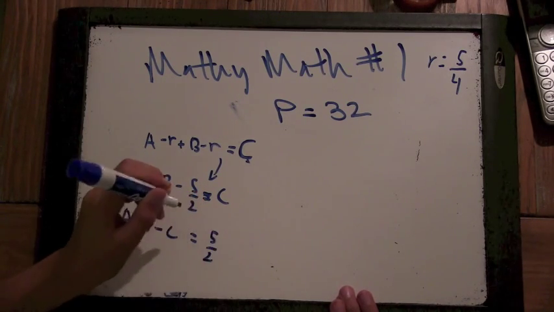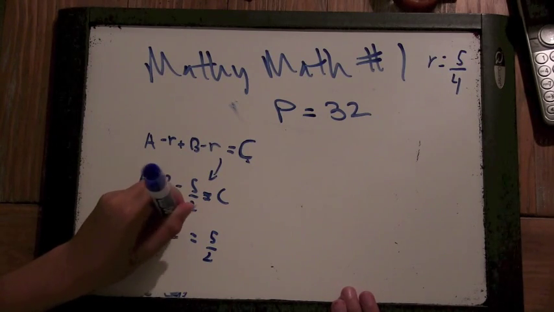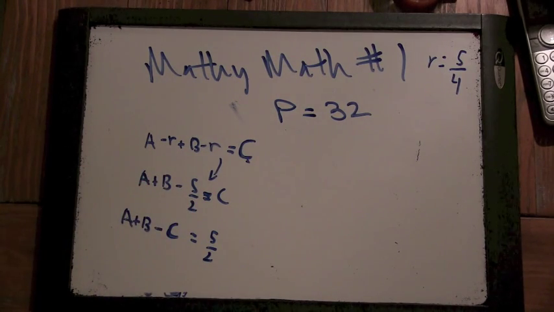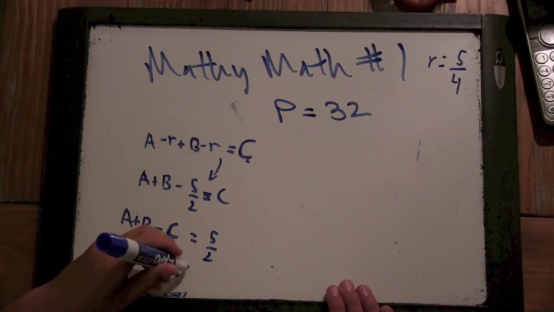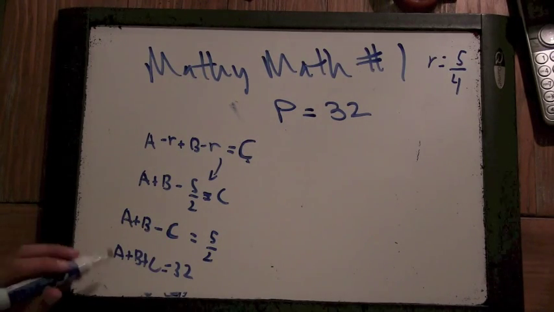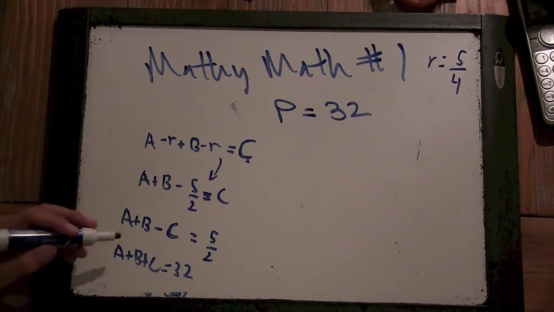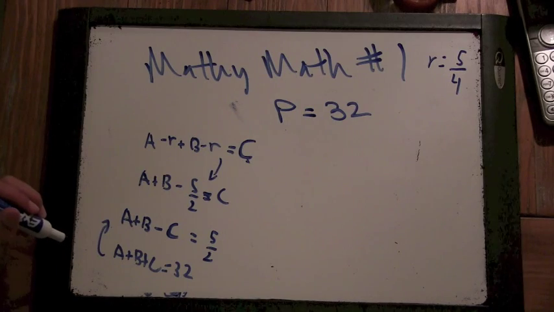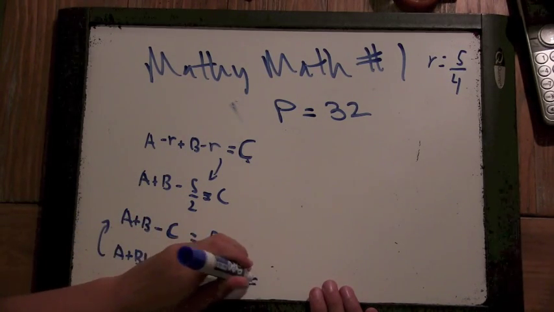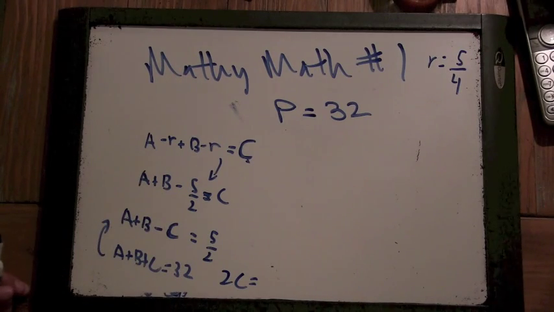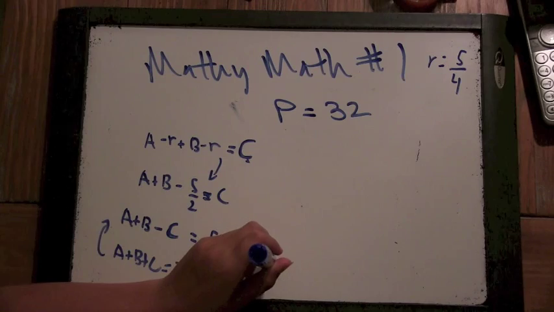Then A plus B plus C is 32. We have to subtract it this way. So we get 2C is 32 minus 5 halves, which is 29 halves.